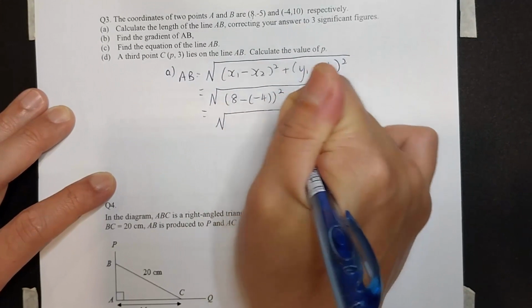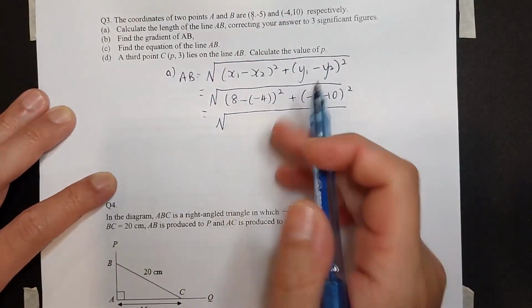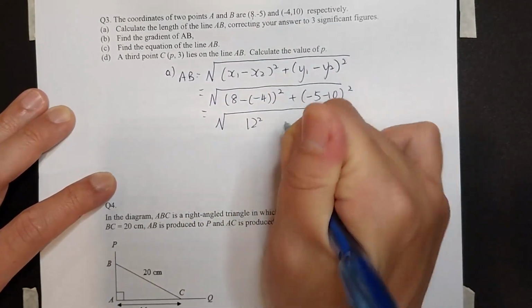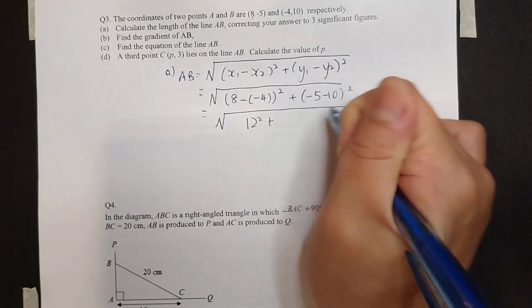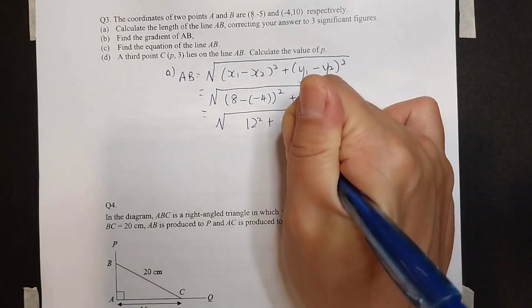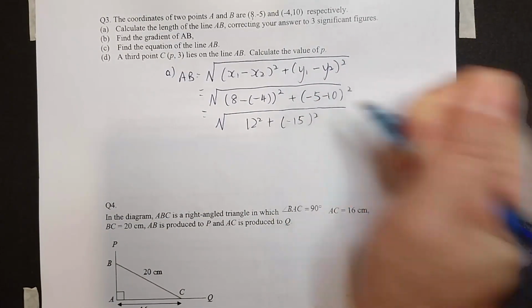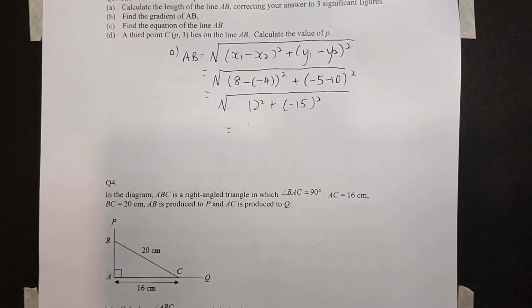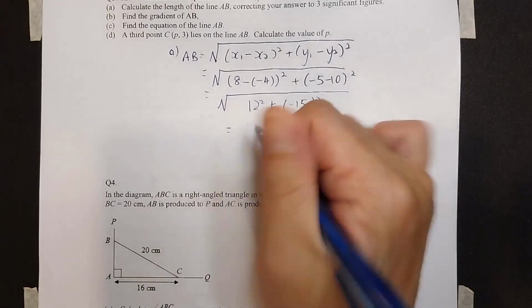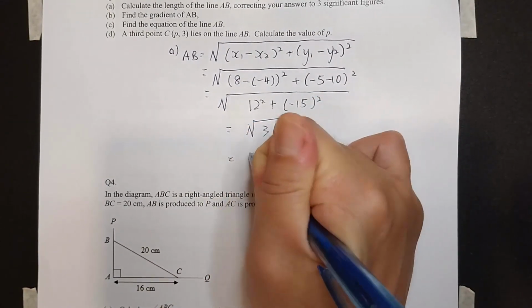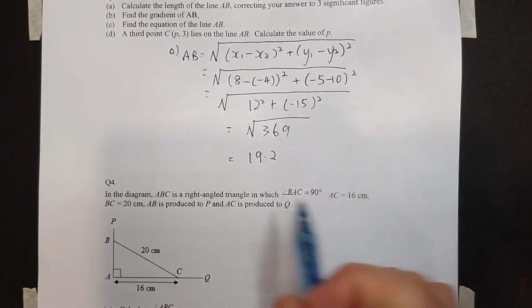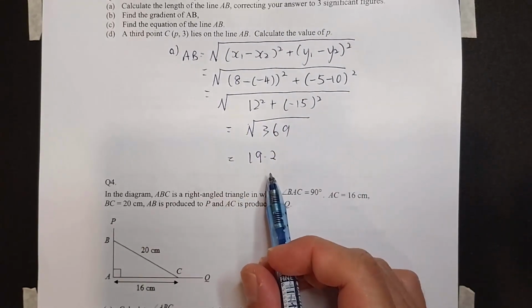So we will have square root of 12 squared plus negative 15 squared. Then this will give us square root of 369, which is equal to 19.2, correct to 3 significant figures.